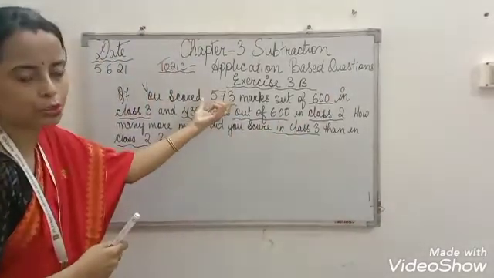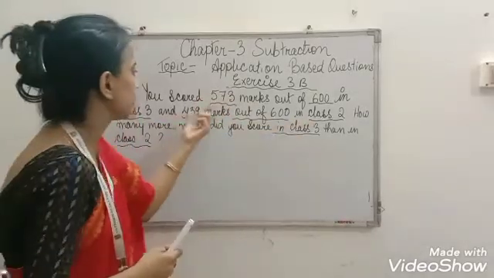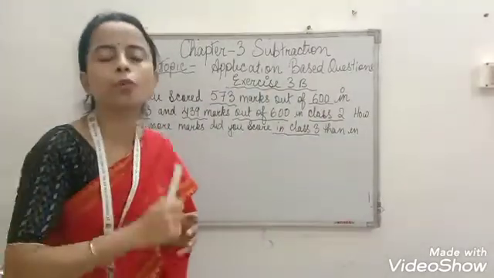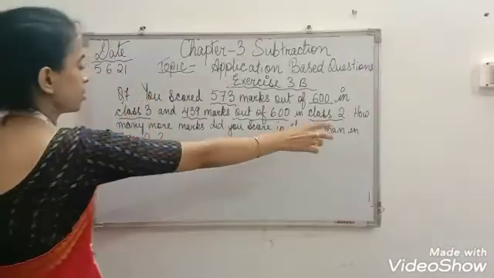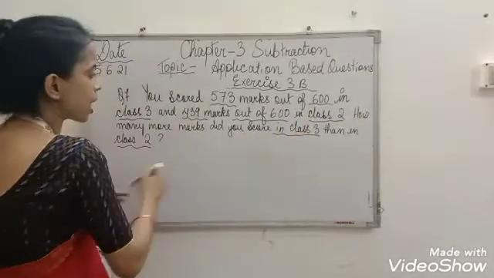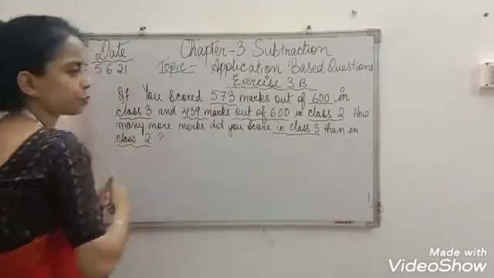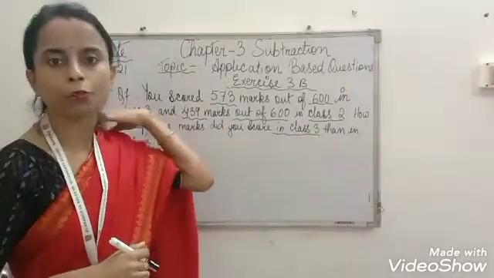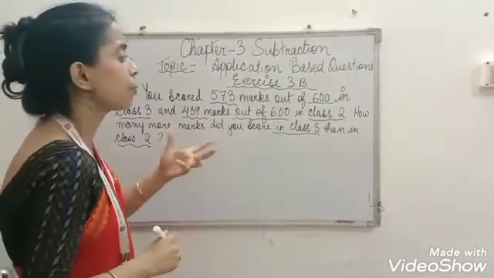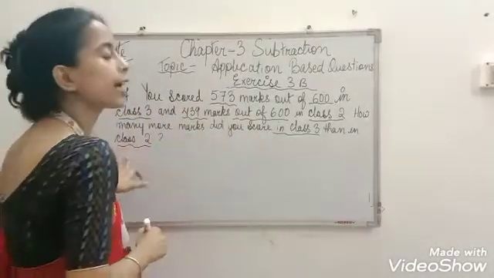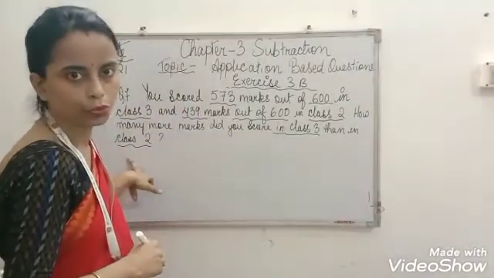This one is your class 3 mark and 439 is your class 2 mark. Now what do you have to find out? How many more marks did you score in class 3 than in class 2?